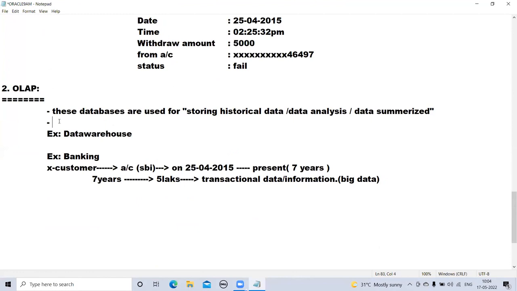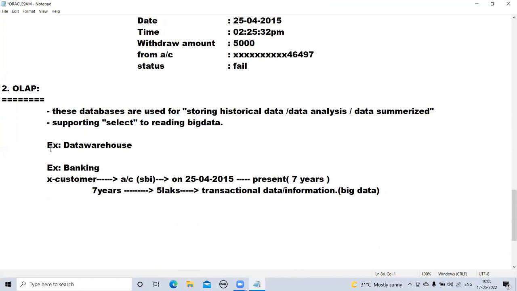OLAP only supports the select command, for reading big data. We can't insert, update, or delete the data. We can perform select operations only, for reading big data. People learn this in OLAP, that is the data warehouse.